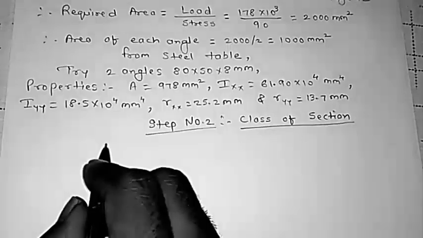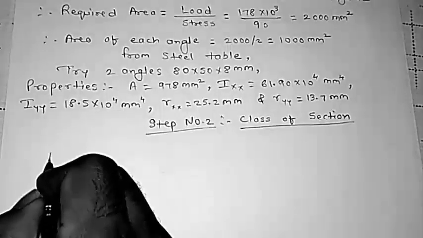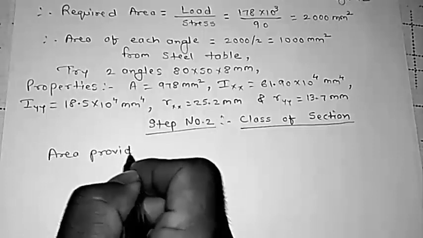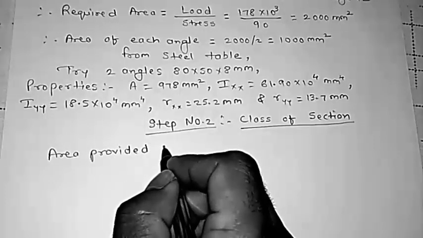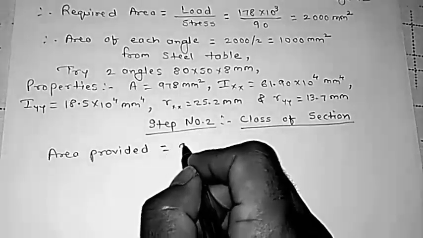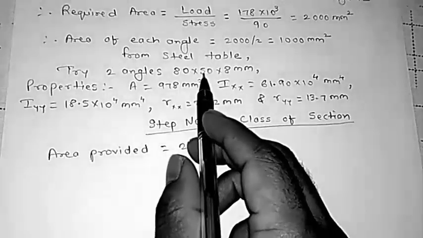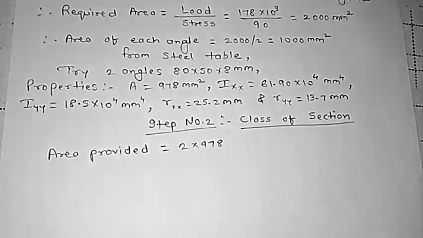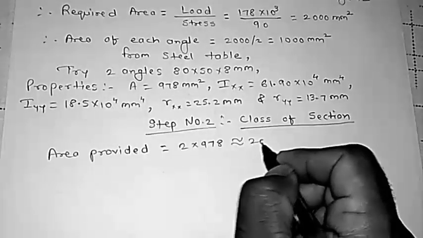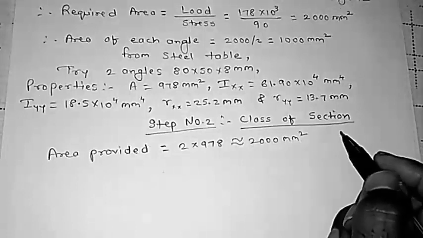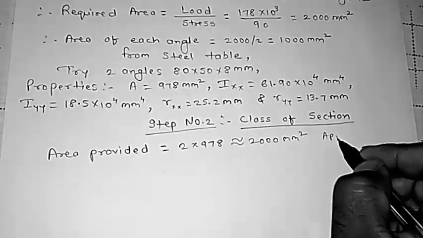So we have provided area, that is area provided, equal to 2 into 978. So that is around 2000 mm square, approximately, you can say.